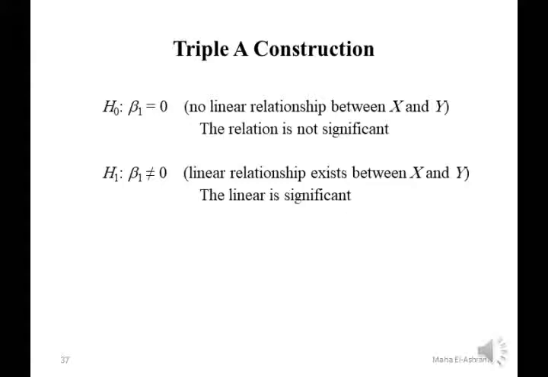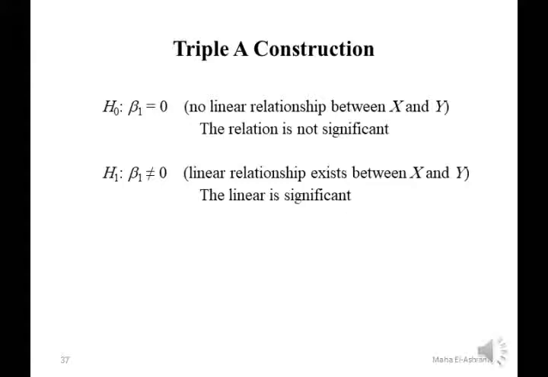Now, based on this equation, can we say that this line can be generalized on the population and will represent a significant relation between x and y in general, yes or no? So now we need to compose a hypothesis test.